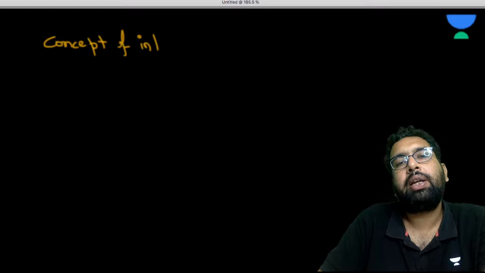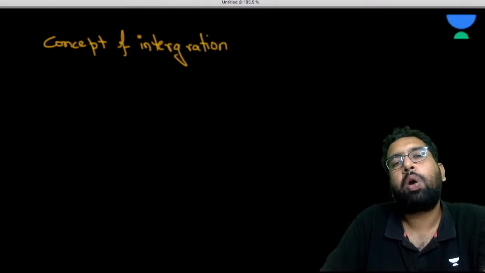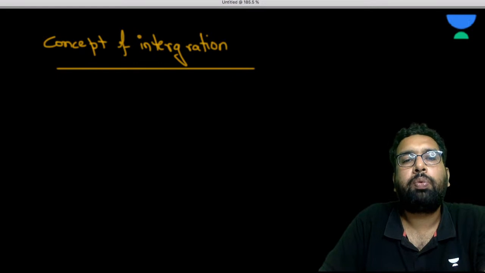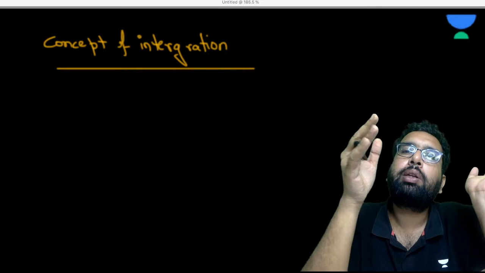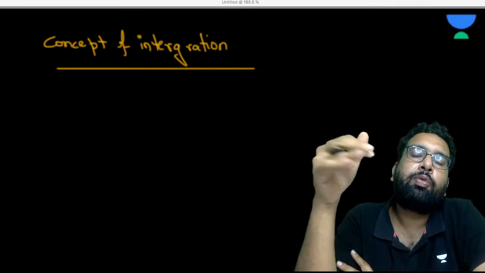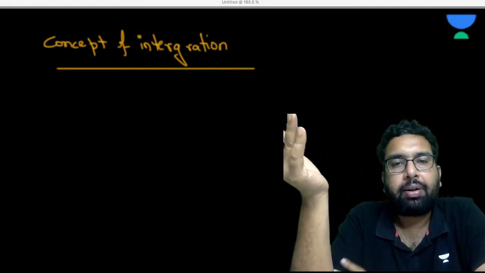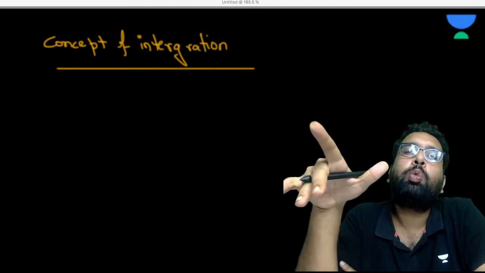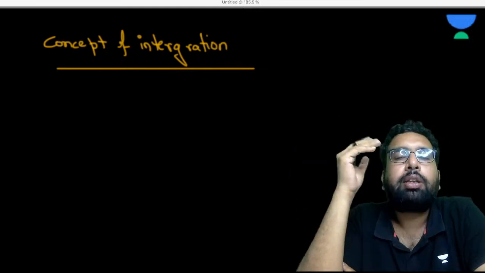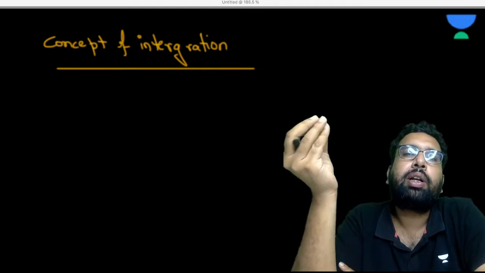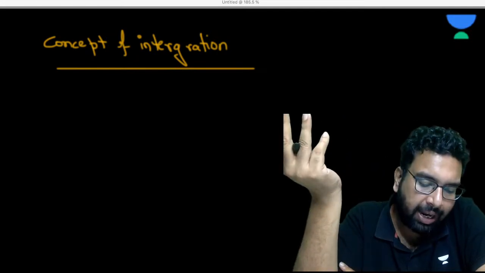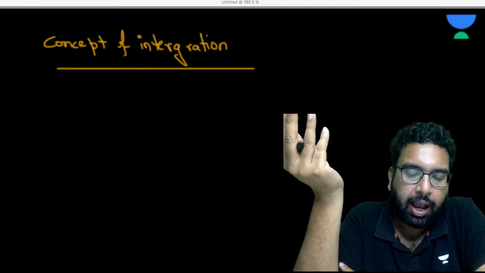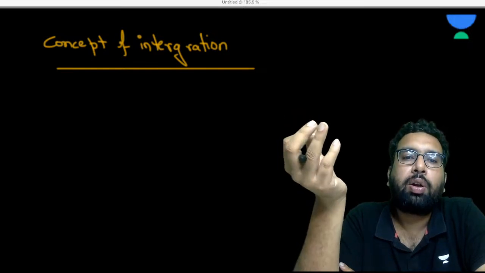What we have done is that from displacement we got the velocity, and from velocity we got the acceleration. Now if we have to move the reverse way, let's suppose we have the velocity and we want to find the displacement. Or let's suppose we have the acceleration and we require the velocity.